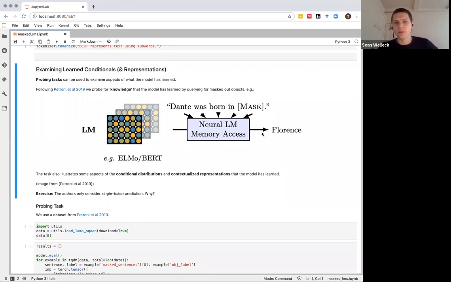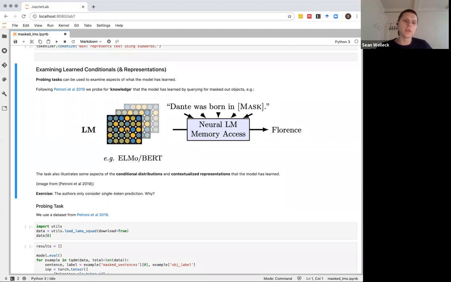If you run many different examples like this, you could check how often the network gets this correct. Or a less strict thing you could do is check how often the correct answer is within its top 5 to 10 answers.